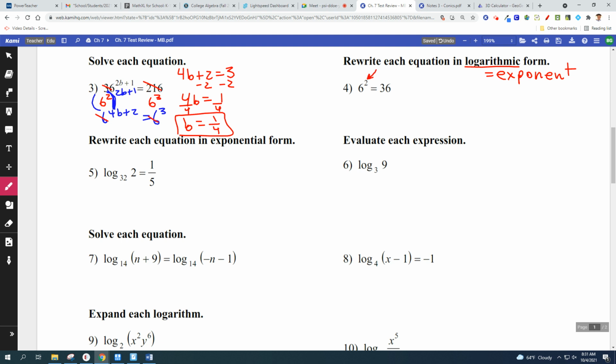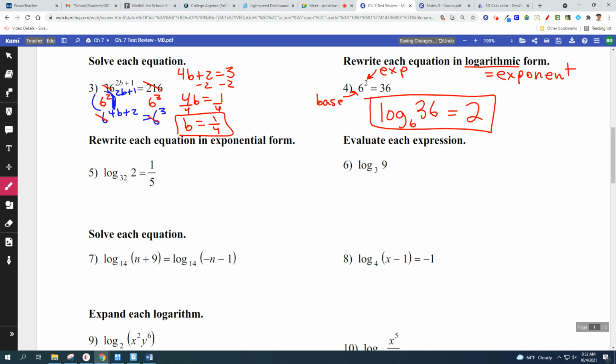That's what the log is going to equal. This thing is the base. That's important as well, because we're going to say something like log base 6 equals the exponent. And so if I change that into logarithmic form, it's going to say log base 6 of 36 equals 2.